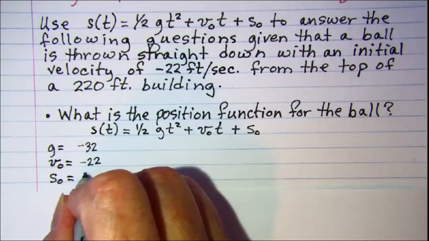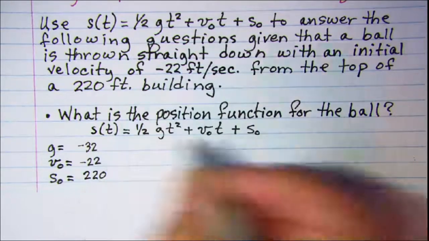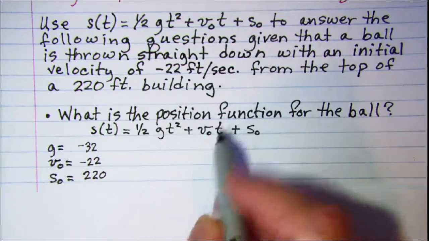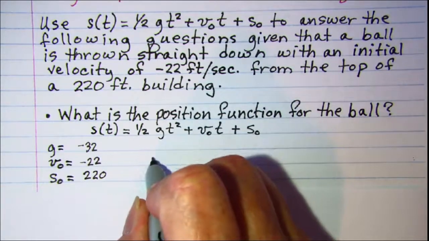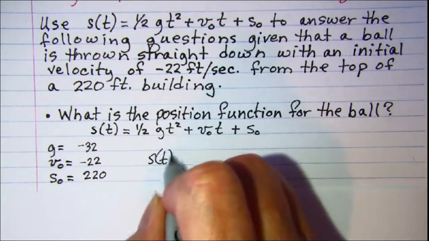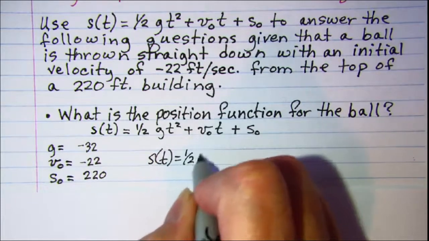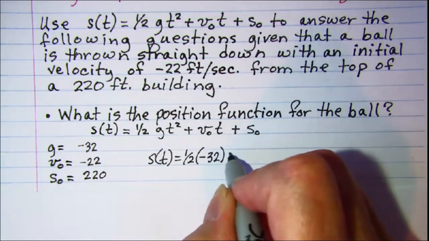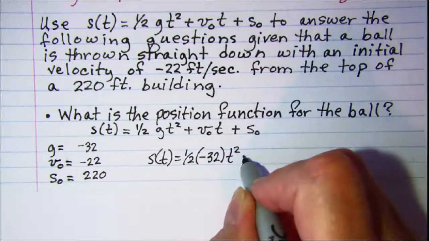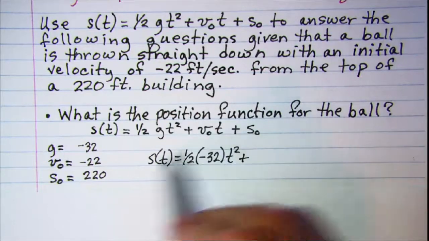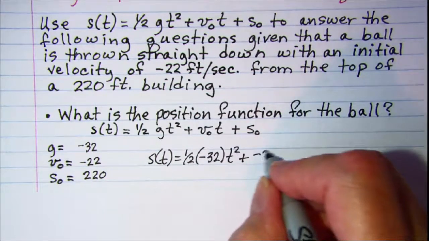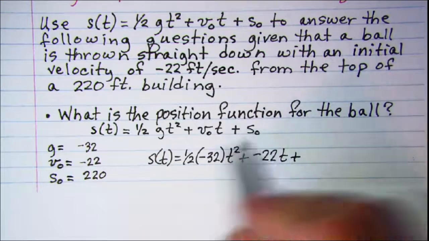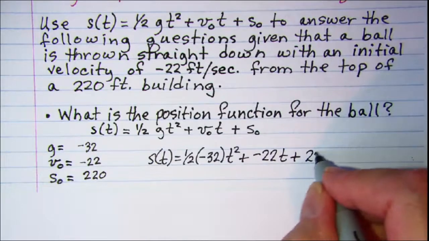So this is 220. So putting these constants into our position function, we have s of t equals 1/2 times a negative 32 times t squared plus, and then our initial velocity was negative 22 times t plus, and then our initial position was 220.